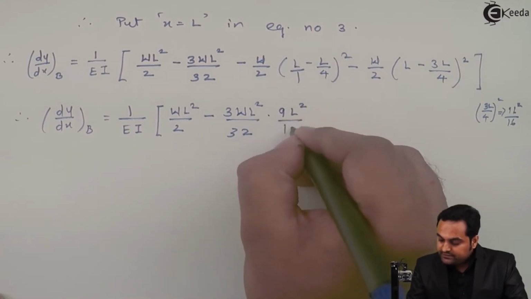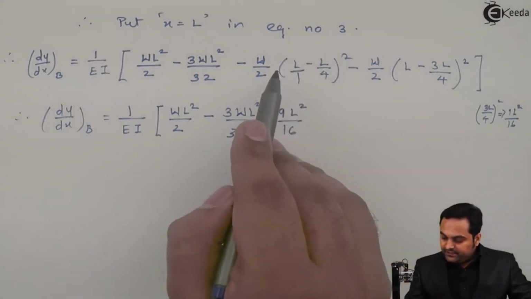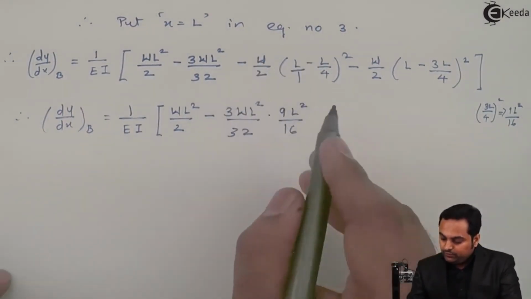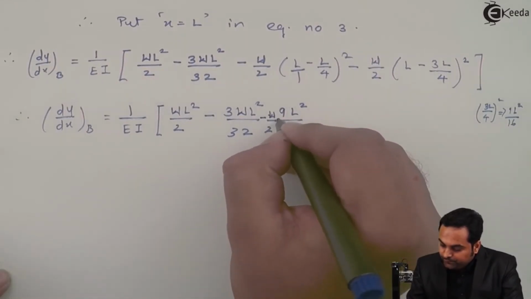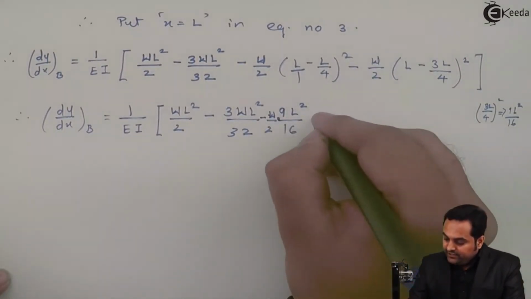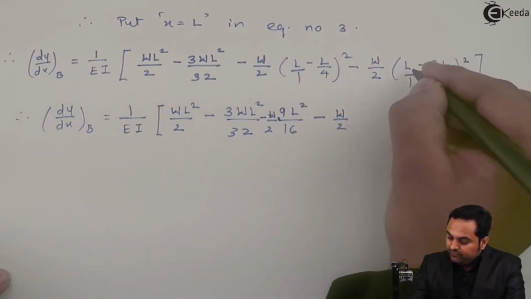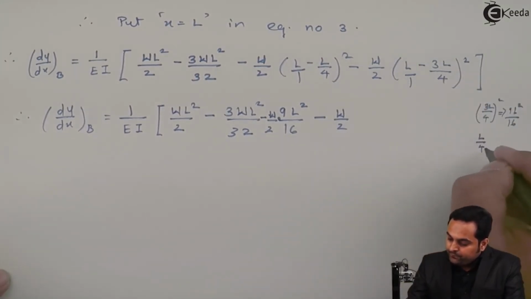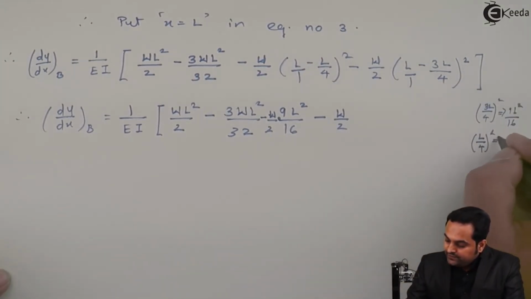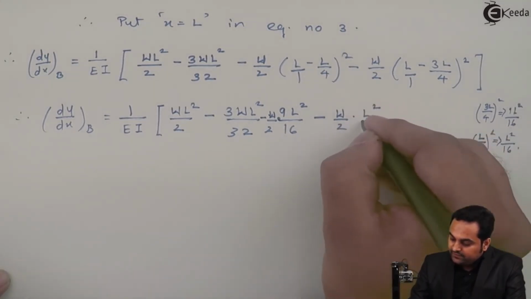Now here I have written the value of this bracket, and outside this bracket we have W by 2. So this is minus W by 2. And here we have minus W by 2 again. Simplifying this, here this will be 4L minus 3L, which is L by 4 square. So that becomes L square by 16. So here I have L square by 16.